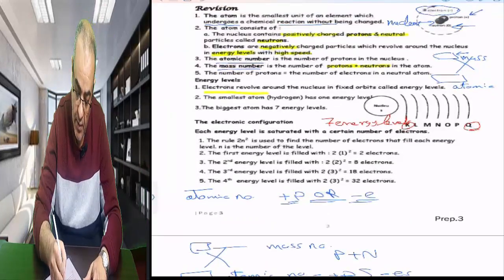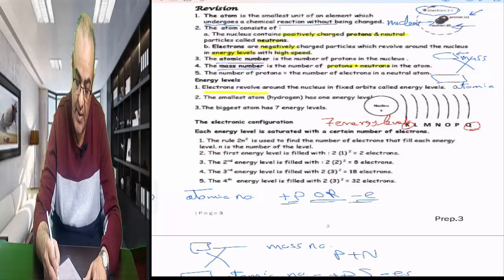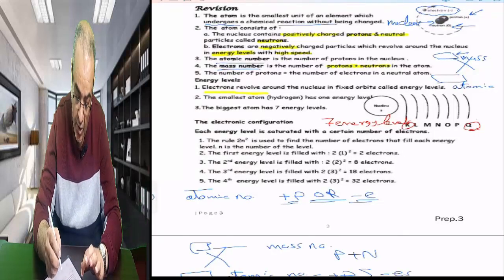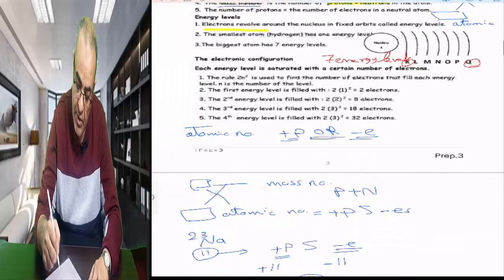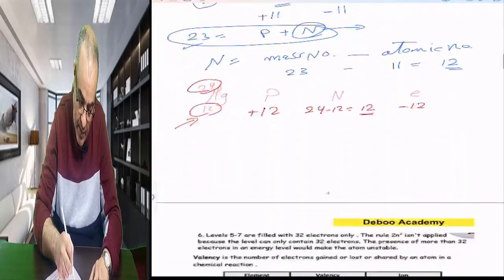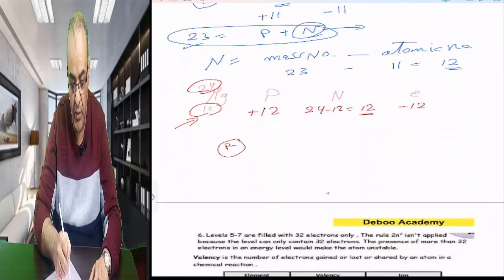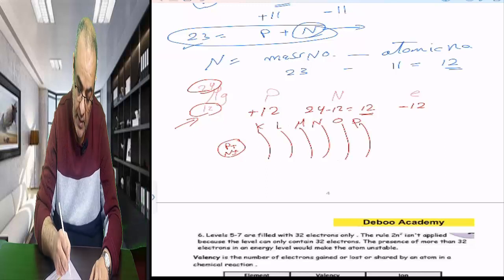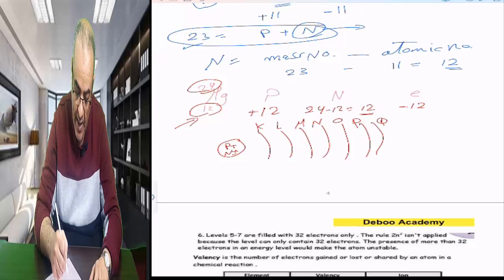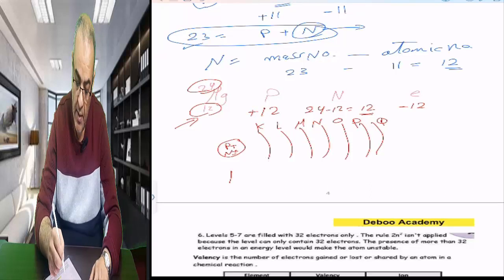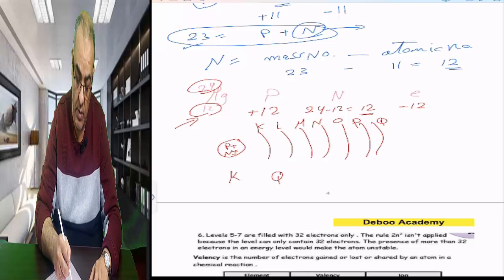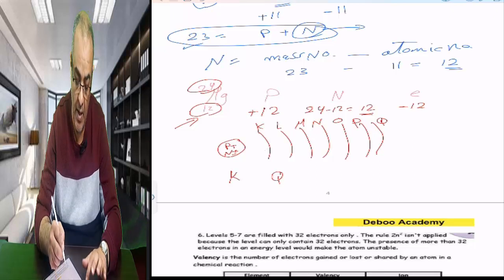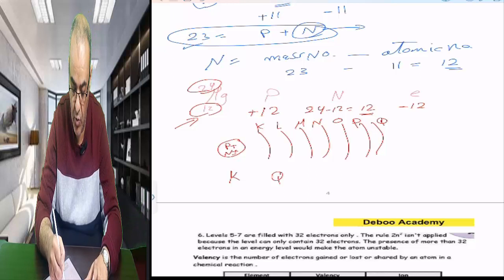Let's continue, dear students. As we said, there are 7 energy levels. The least energy is K and the highest energy is Q. So this is the nucleus, and it has 7 energy levels: K, L, M, N, O, P, Q. The lowest energy level is K and the highest one is Q. The electrons revolve around the nucleus in these energy levels in relation to 2n squared.